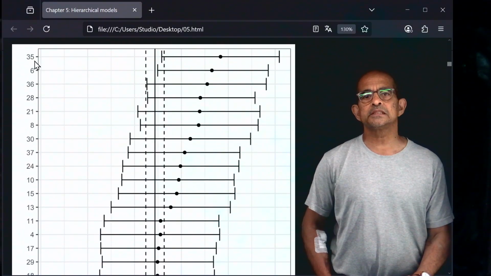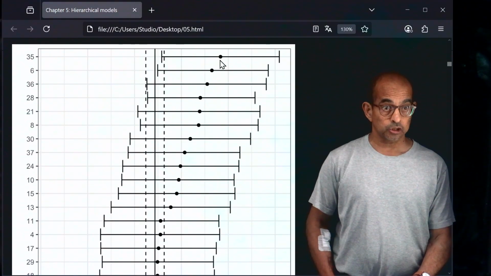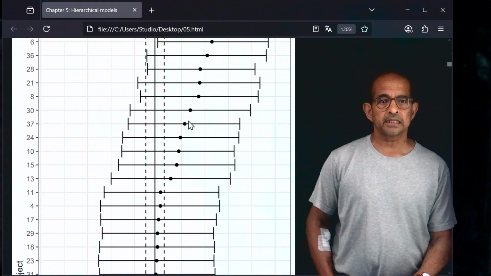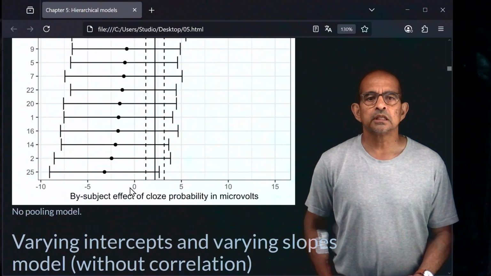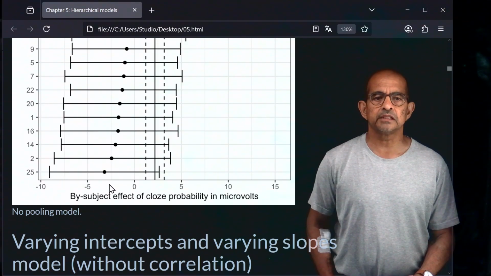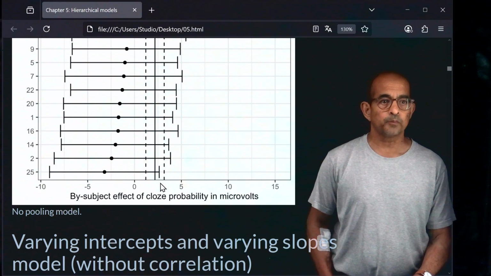So for example, this subject here has this positive estimate for the slope parameter and a certain credible interval around it. If you look here on the x-axis, we've got 0 here, and these are all positive values, and there are negative values for the effect of close, the possible values of the slope parameters.